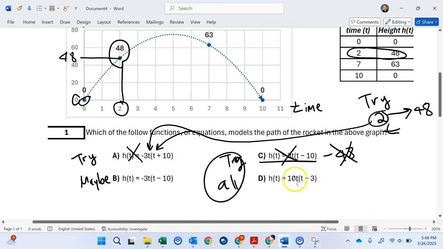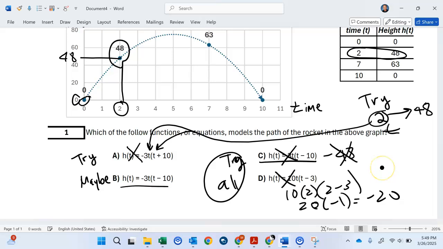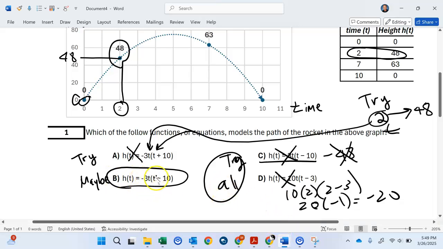Then we try this one right here, which is pretty easy: times 2, and then 2 minus 3. So this is 20 times negative 1, which equals negative 20. So that's no good. So our correct answer is B. You have to try all of them, but you use process of elimination. If two of them work, then you might have to try another one.